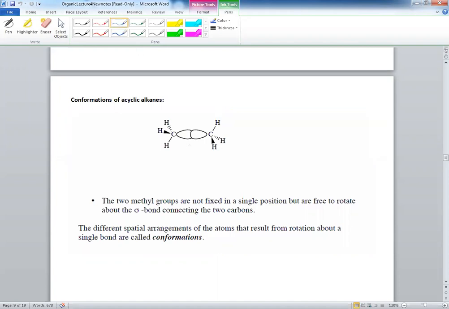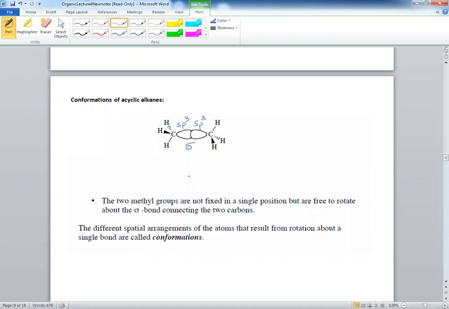So this is a sigma bond, and it's made up of an sp3 overlap. And it's basically this line connecting both nuclei, the first carbon, in this case on the left, to the carbon on the right.